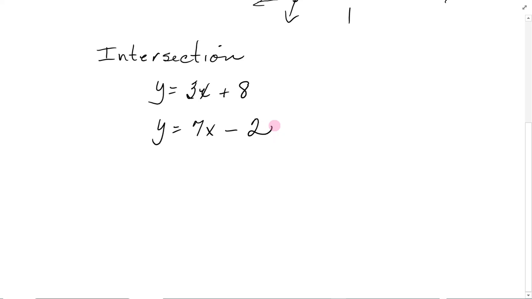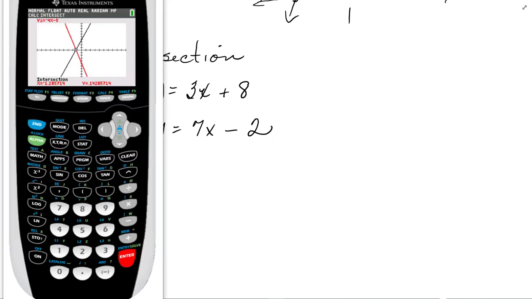All right, the first thing I have to do is type those in. So I'll go to the y equals, clear, clear. The first one, 3 variable x plus 8. Go down. Second one, 7 variable x subtract 2.